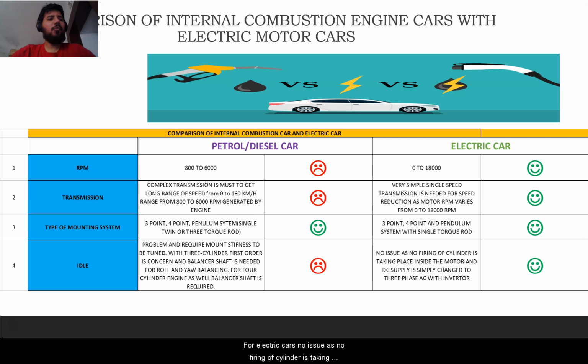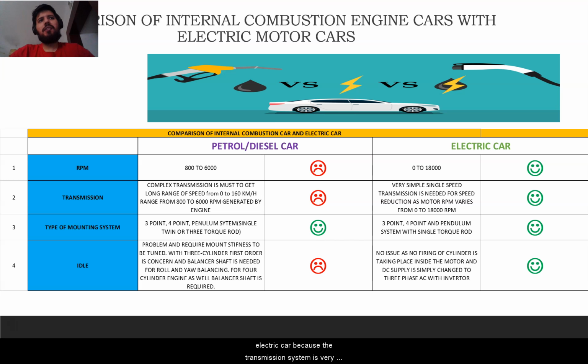For electric cars, no issue, as no firing of cylinders is taking place inside the motor. An inverter converts the DC supply from the lithium-ion battery power bank to three-phase AC supply for the wheels. Idle is quiet and key-on, key-off is not a concern. So if I just summarize this page, for RPM, the clear winner is the electric car.